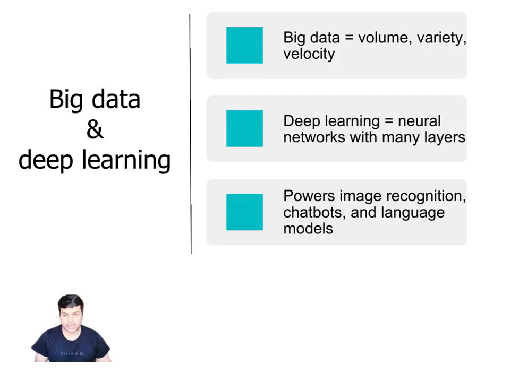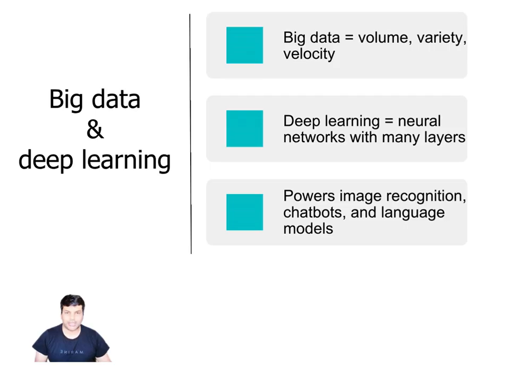And UCI is one of the famous machine learning repositories, which provides data sets commonly used for research and teaching. These data sets allow analysts to practice data wrangling, visualization, predictive modeling, and machine learning using real world data.